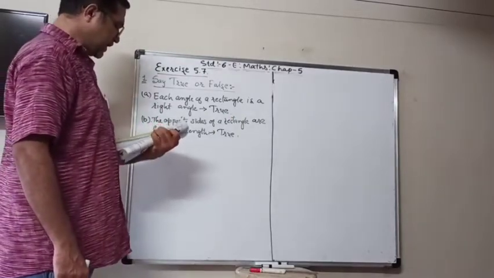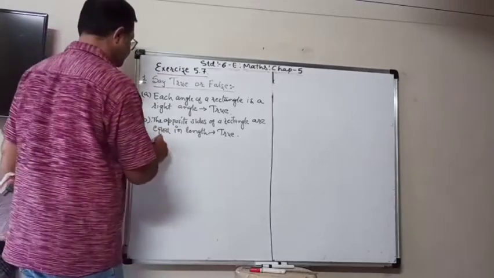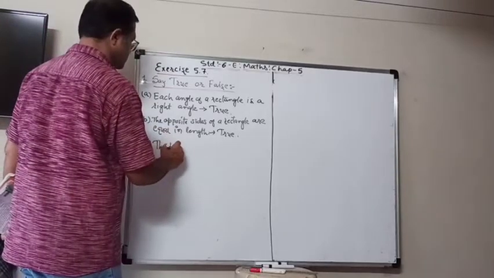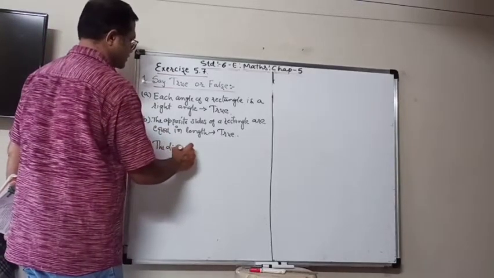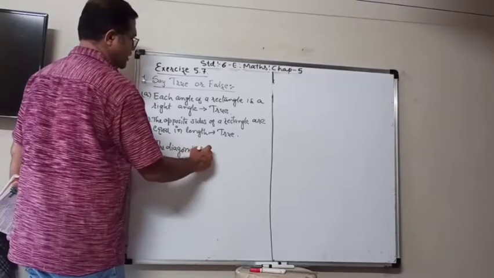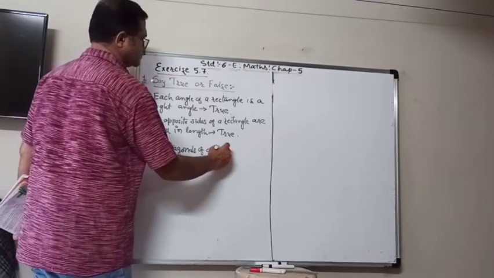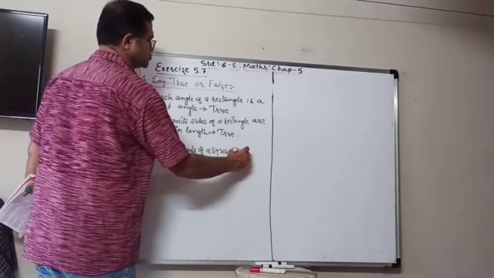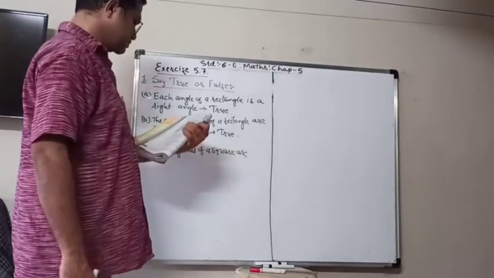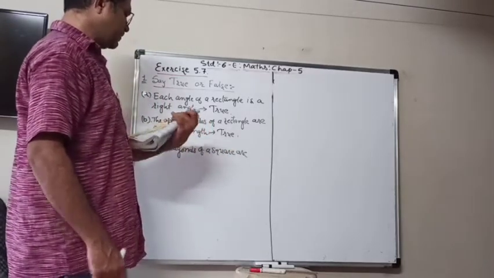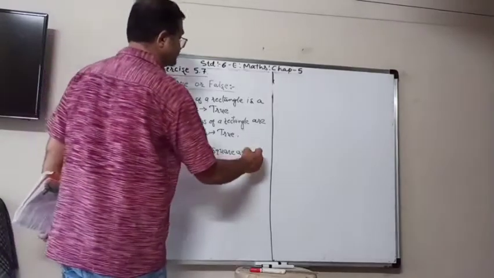C. The diagonals of a square are perpendicular to one another.